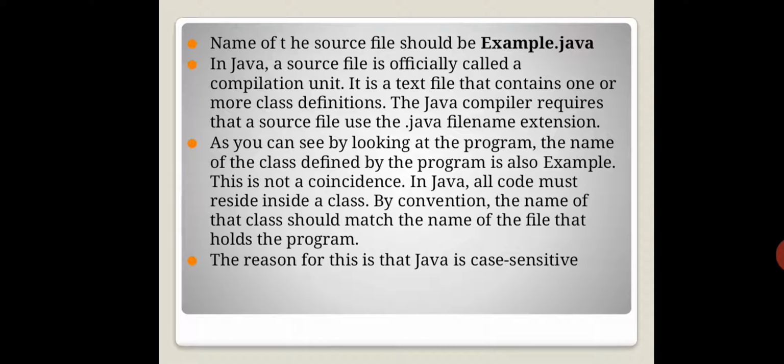That is the reason your main method is also inside the class. You have to remember, it is not like the rest of the programming languages, like C or C++, where you directly write the main program and execute it. In Java you cannot do that. If you want to use the main method, it has to be inside a particular class itself. Otherwise you may not get the output.